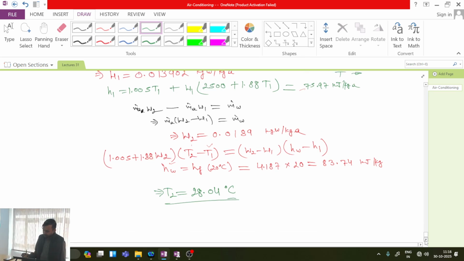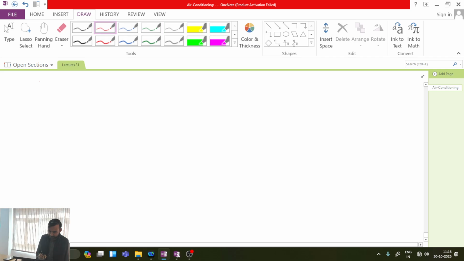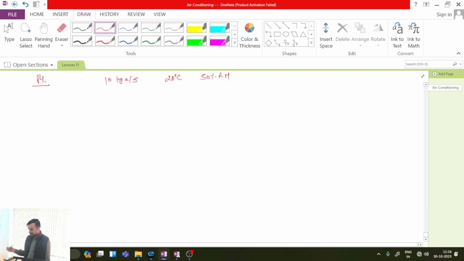Problem number 4. Moist air enters an insulated duct at the rate of 10 kgA per second at 20 degrees Celsius and 50% relative humidity. This is the entry state, at standard atmospheric pressure, PATM. For all our problems, we will be referring to standard atmospheric pressure.